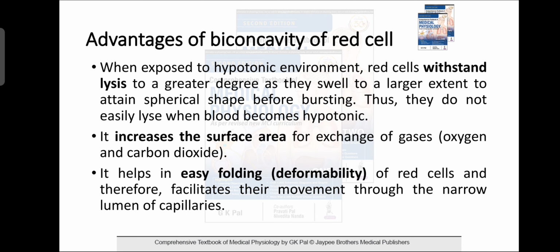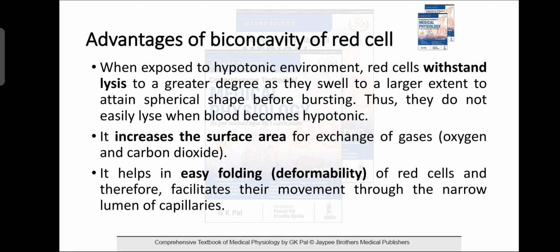It increases the surface area for the exchange of gases. It helps in easy folding of the RBC, so that it facilitates movement through the narrow lumen of the capillary. So these are all the advantages of the biconcavity of the RBC.